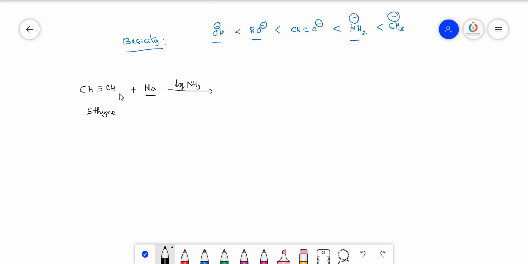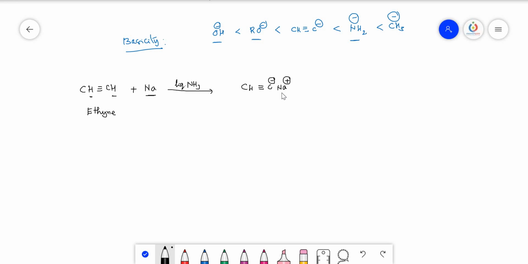Sodium is a metal. A metal, generally when it reacts with an acid, liberates hydrogen gas. So from where can it remove the hydrogen? This place and this place. So since only one sodium is used, imagine only one hydrogen has been removed. So I am writing that HC triple bond C minus Na plus.